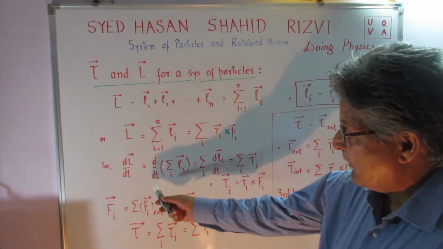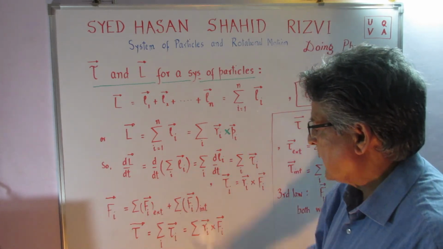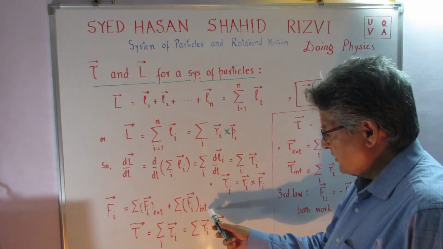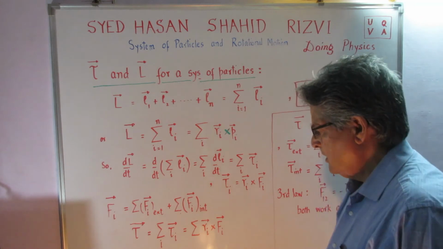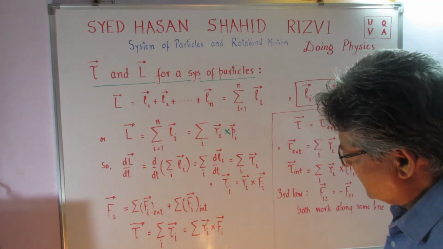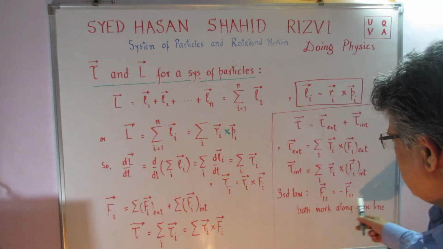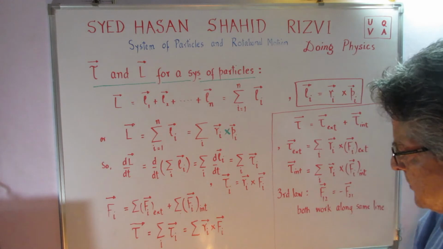The summation of all the external forces which are acting in the system and the summation of all the internal pair of forces, which is defined as in the third law F12 is equal to minus F21, which I'll shortly discuss.